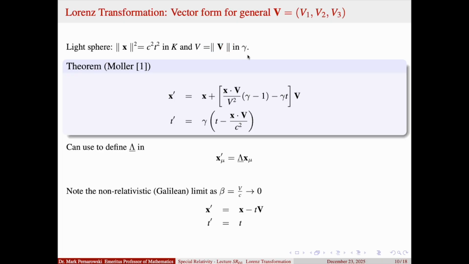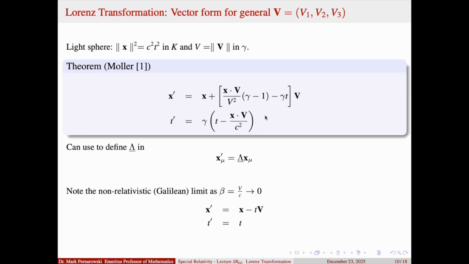And if you do that, and Moeller has done this, you get the following formula for transforming x and t spacetime coordinates to x prime t prime coordinates.